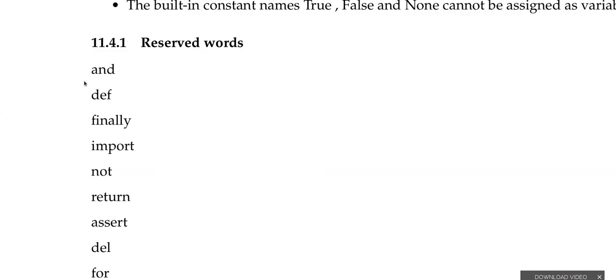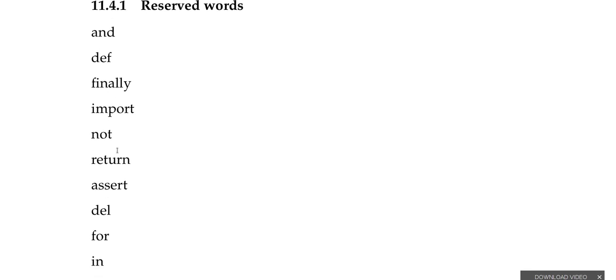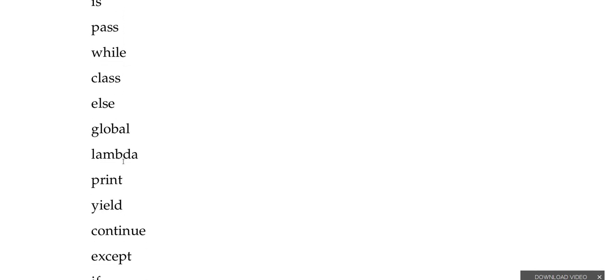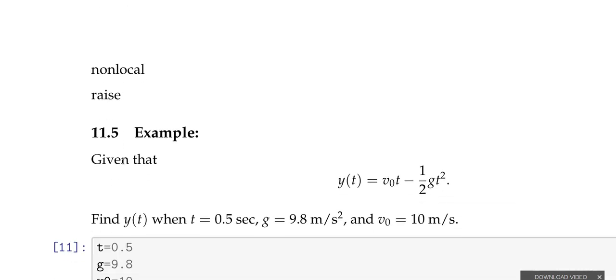You can use any name as a variable name except these reserved words, and then finally not. So they are reserved words because they have a meaning in Python. They are special functions in Python.